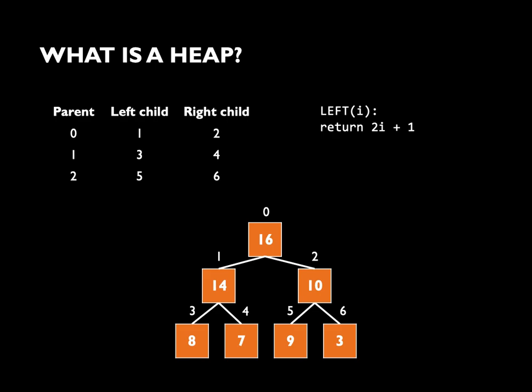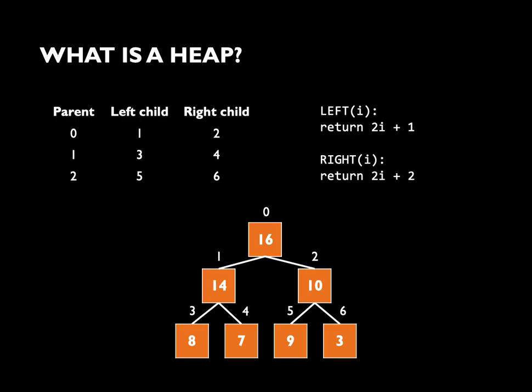So 1 equals 2 multiplied by 0 plus 1. 3 equals 2 multiplied by 1 plus 1, right? And 5 equals 2 multiplied by 2 plus 1. So we're good for the formula for the left child. And so we proceed similarly with the right children, and we can easily figure out that 2i plus 2 is the general formula to figure out the right child from a parent's index.